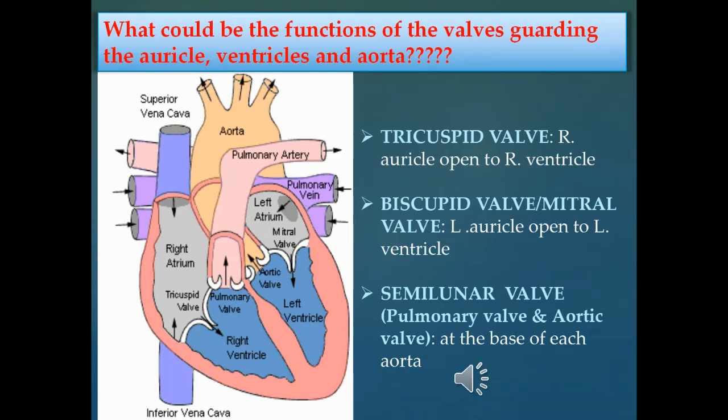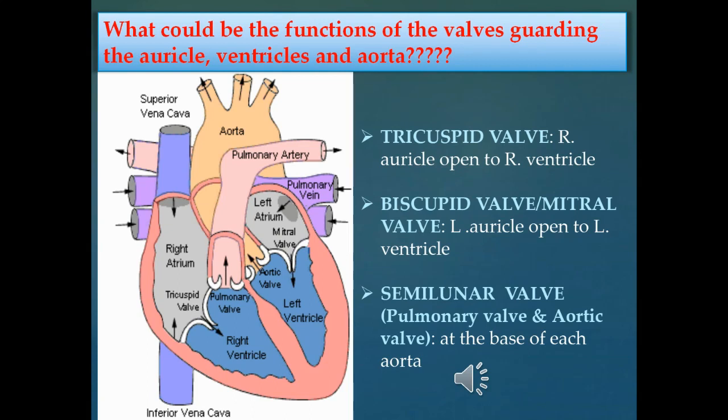Each auricle opens behind into the ventricle of its side through an auricular-ventricular aperture. Each aperture is guarded by a valve made of a sheet of tough connective tissue. The right auricular-ventricular valve consists of 3 triangular flaps or cusps and is known as the tricuspid valve.